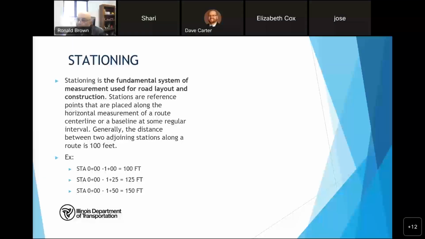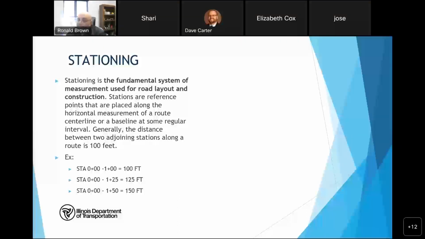For these examples, if you start at station 0+00, and you go to 1+00, that's 100 feet. Station 0+00, and you're going to station 1+25, that's 125 feet.